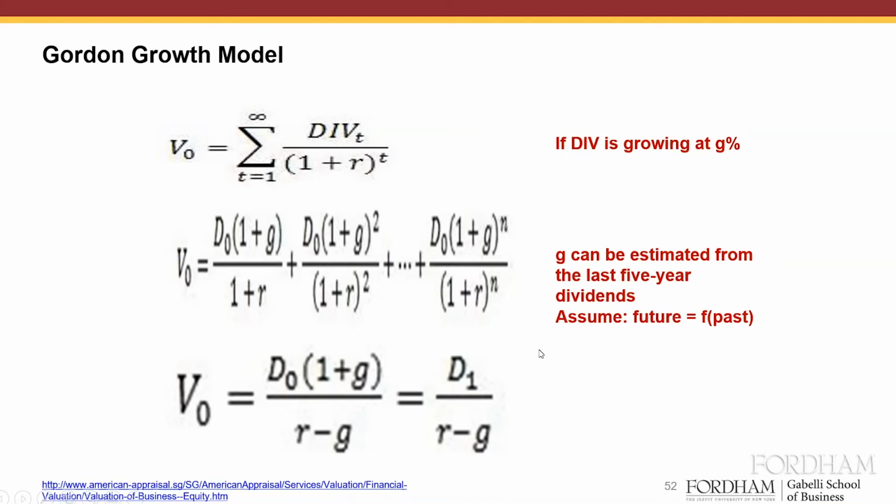And when we do this, we have to make the assumption that the future looks like the past. If the last 5 years of dividends grew at G, then we expect the next 5 years and beyond the dividend to grow also at G percent. And R obviously refers to the current discount rate. Okay?